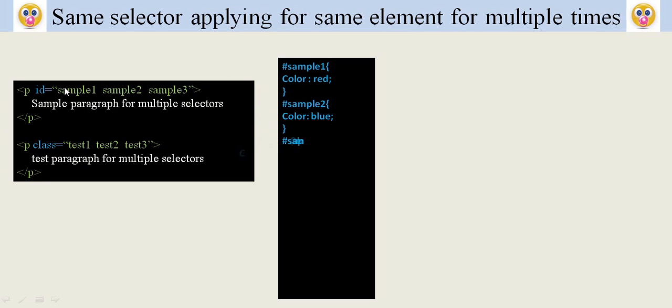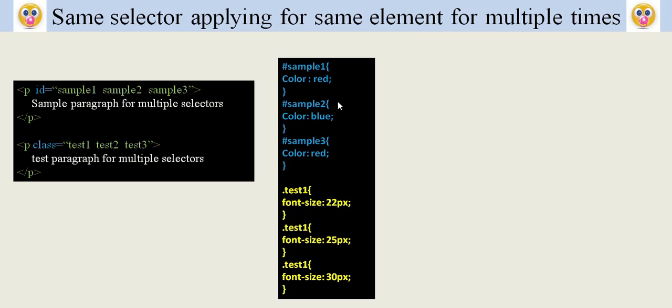For the sample 1 reference, I give my color property as red. For sample 2, I give my color as blue. For the sample 3 ID selector, I give my color as red.